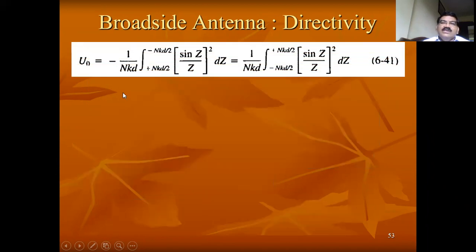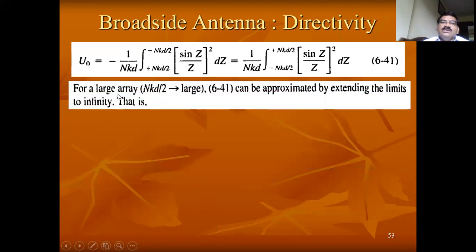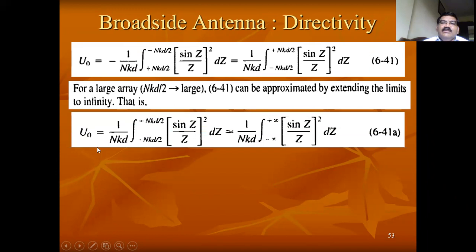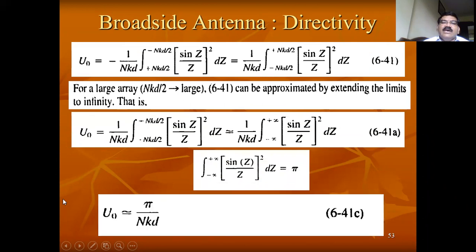By solving this integration, you will get U0 equals this. For a large array, that is when nkd by 2 is large, it can be approximated by extending the limits to infinity, that is, from minus infinity to plus infinity, and you will get pi. So U0 is approximately pi by nkd.